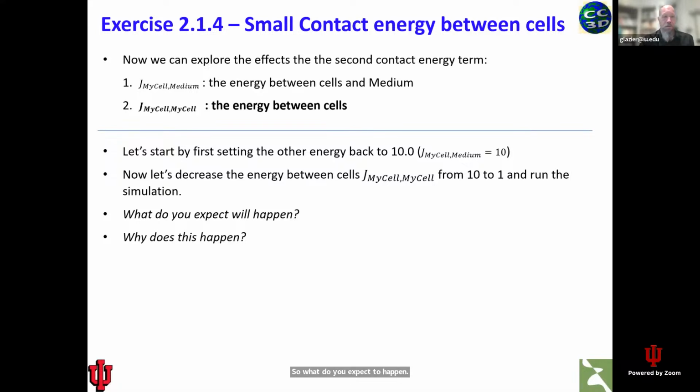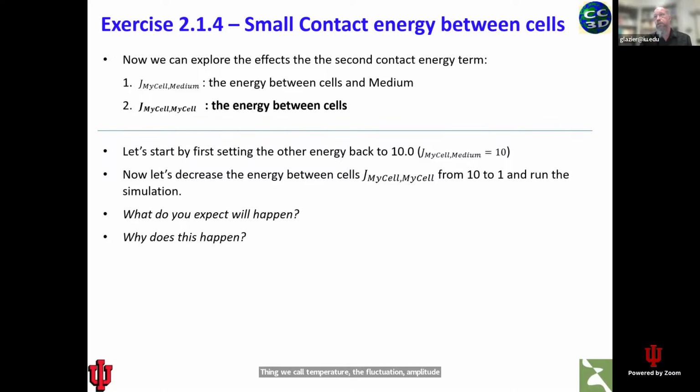Question, are the numbers relative or absolute? The configuration depends on the relative energies. However, the fluctuations depend on the ratio of these numbers to that thing we call temperature, the fluctuation amplitude.